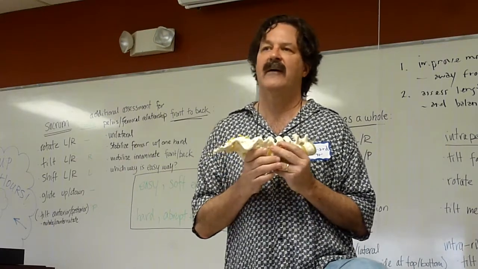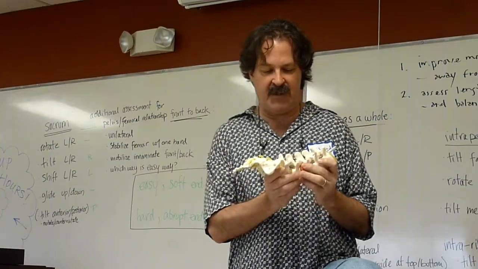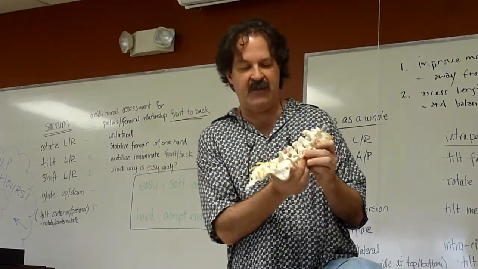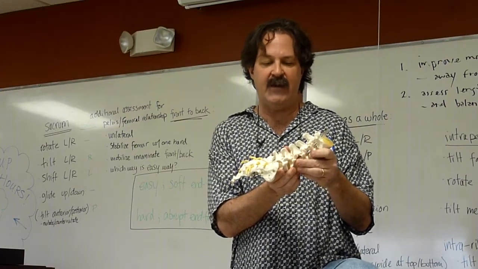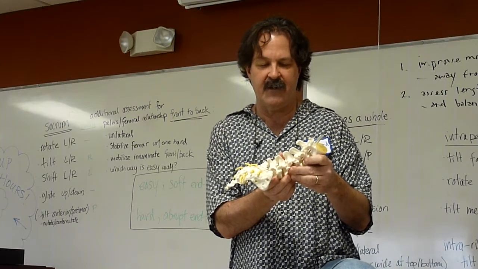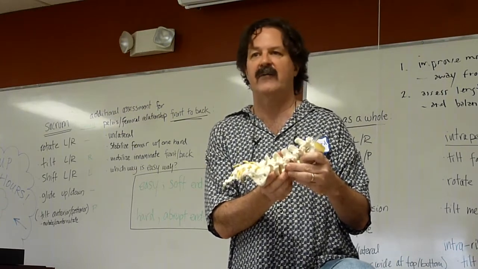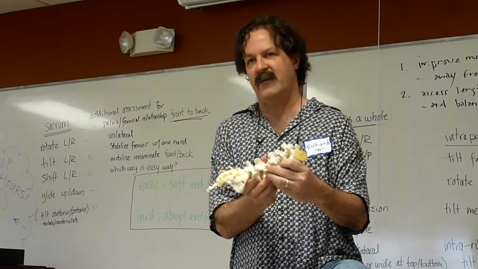two fundamental possibilities. You either have a possibility where at a particular junction of segments, the spine is side bent and rotated to the same side. So you have a place where the spine is side bent to the right, rotated to the right.